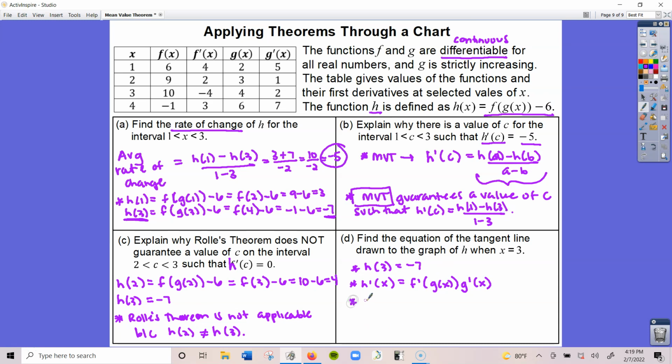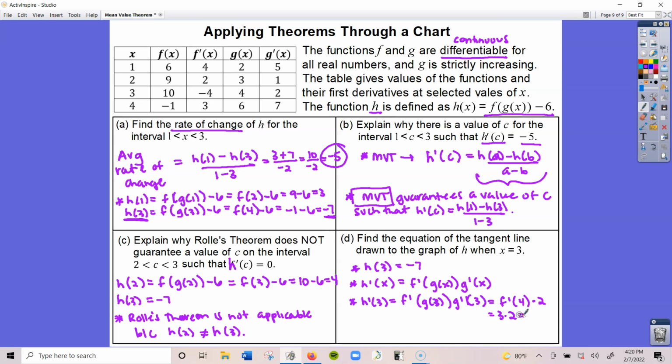Now I'm going to find h prime of 3, so I know what my slope is. That's going to be f prime of g of 3 times g prime of 3. g of 3 is 4. So this is going to be f prime of 4 times g prime of 3, which is 2. f prime of 4 is 3.